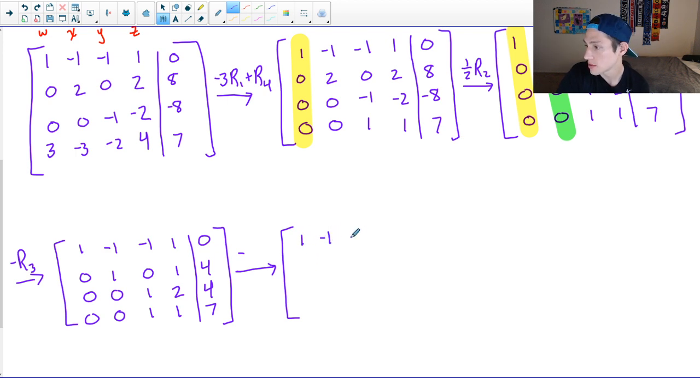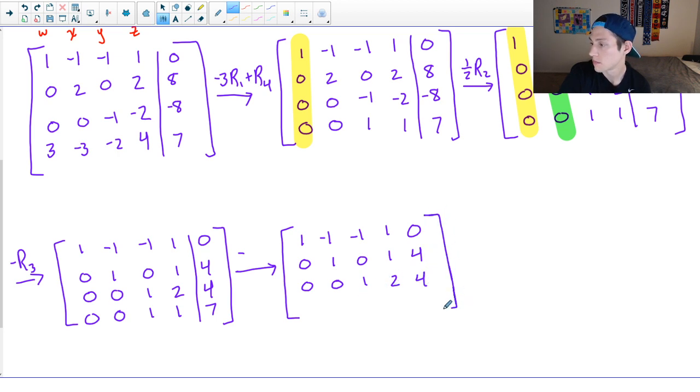So I'm just going to copy those down. Okay, so let's actually, oh, I didn't write the thing. So negative row 3 plus row 4.